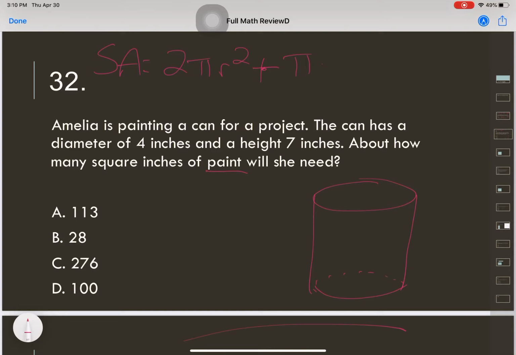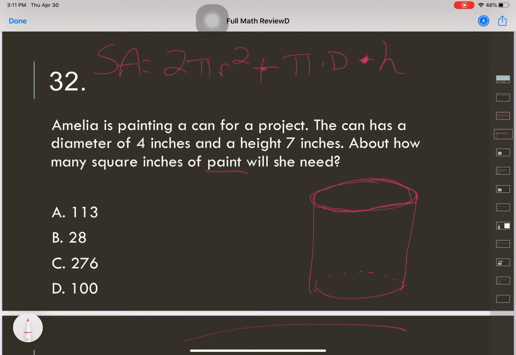And then you have to say pi times the diameter, because that would be this distance all the way around for the body. Pi times diameter times the height.